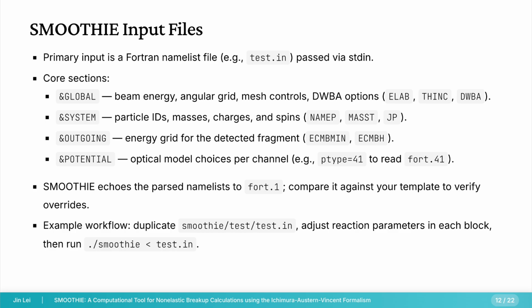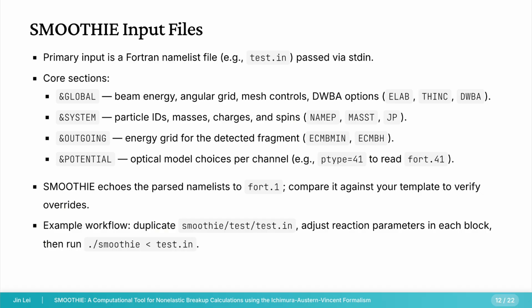System, particle identifiers, masses, charges, and spins, names like p, mass, and jp are shown. Outgoing, the energy grid for the detected fragment, fields like ecm-min and ecm-max. Potential, optical model choices per channel, for example, ptype equals 41. Smoothie echoes the parsed namelists to unit 41. Compare it to your template to verify overrides.